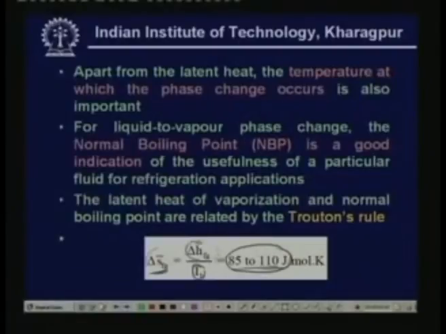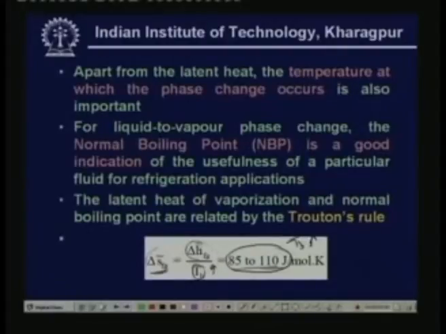This rule is very interesting, and it is also very useful because you can derive certain things from it. For example, from Trouton's rule, you can see that the latent heat of vaporization increases as the normal boiling point increases. That means as T_B increases, delta H_fg increases.